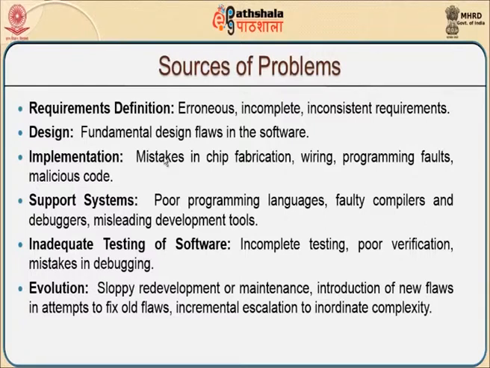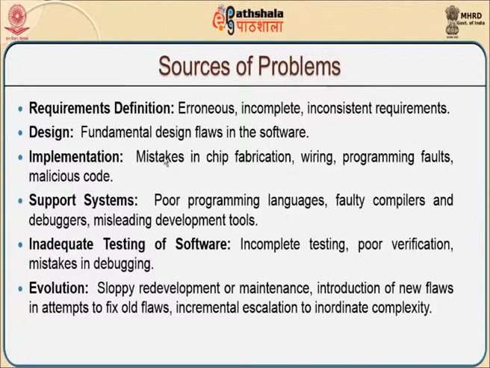Although it is sequential, an error that has happened at requirements can be taken to implementation level, or an error which has happened fresh at the implementation level can also make a defective software. So, mistakes in chip fabrication, this is more common, wiring, programming faults, malicious code, all these can happen as part of implementation level.